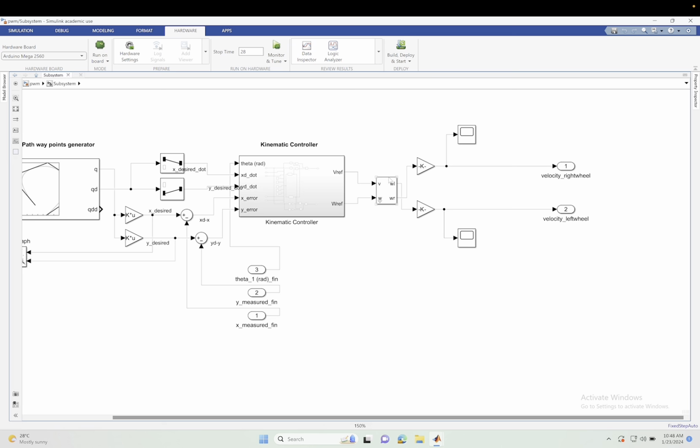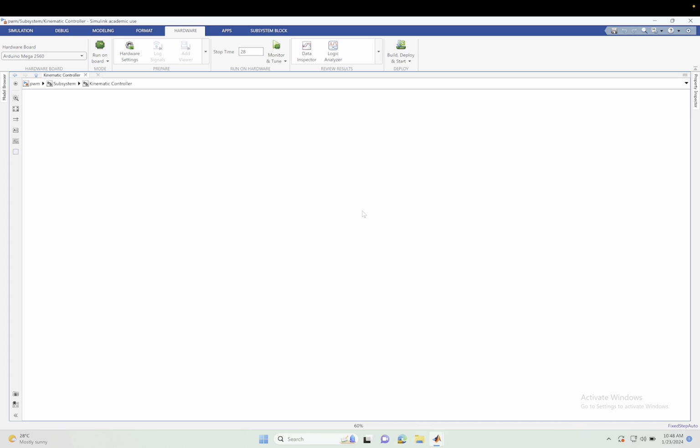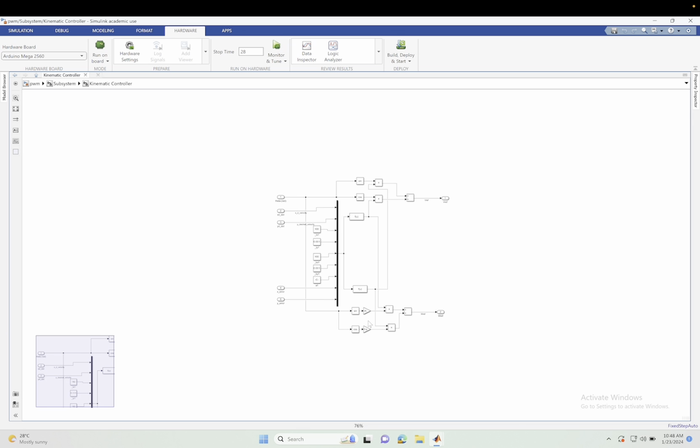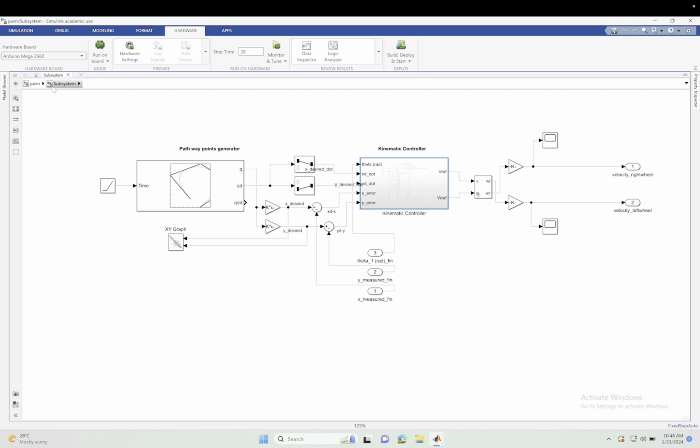That is then converted into the corresponding velocities of the left and right wheel, which are the new desired velocities the robot has to move at so that it can achieve the desired coordinates. Looking inside the kinematic controller, you will see there is this A here, which I'll later talk about, and how it is important in controlling the turning of the robot.